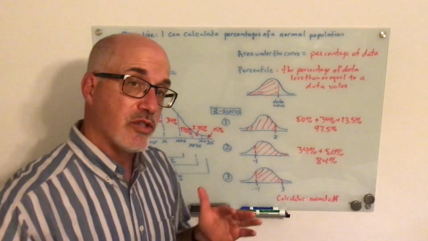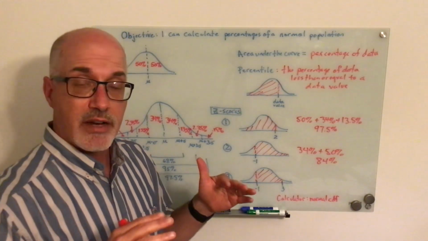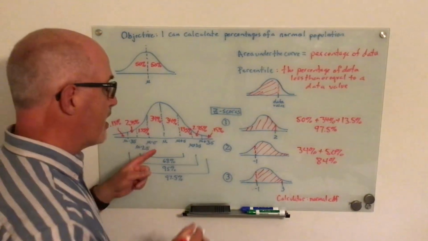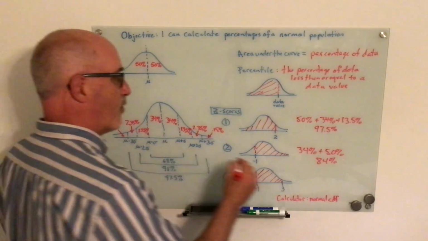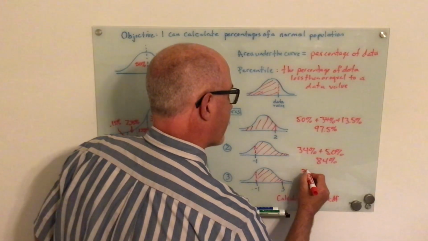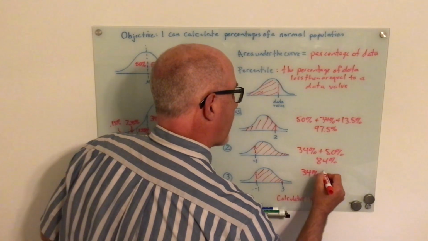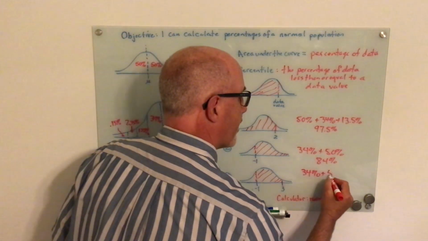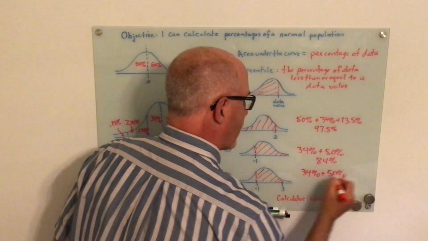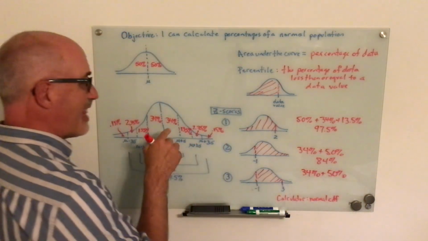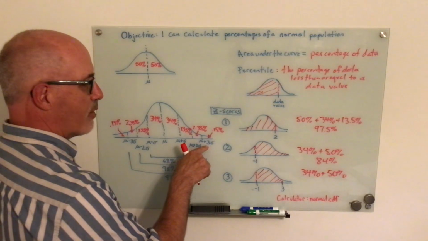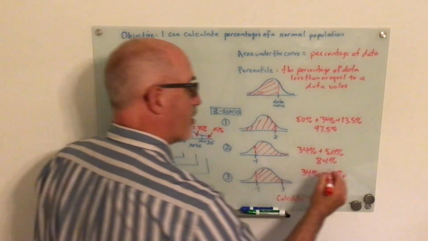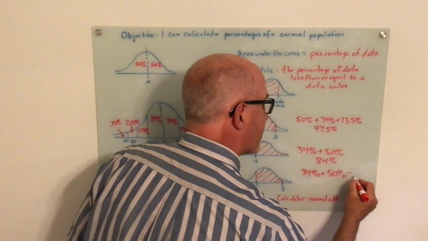So sometimes you just have to use kind of a common sense as to which one would be easier. Here I think it's easiest to go ahead and add this 34%. I'm going to add to it this 50%, the whole thing. So that would get it if it was going above that. And then what I'm going to do is subtract off what's above 3 standard deviations. I'm going to subtract off this little 0.15%.